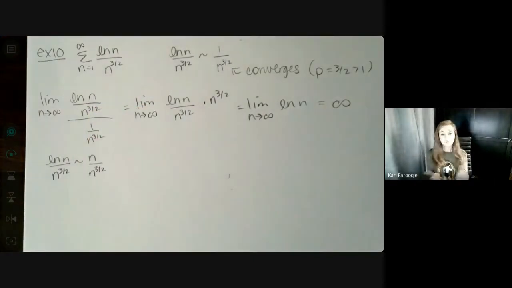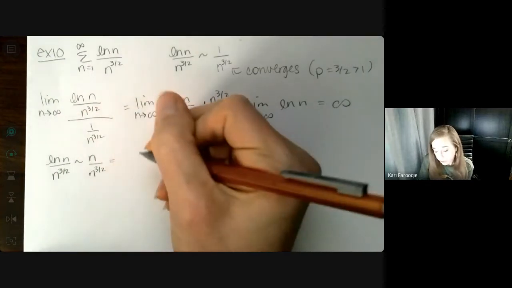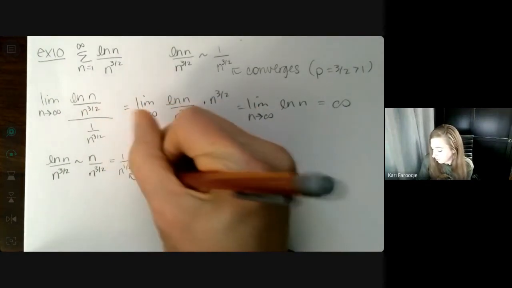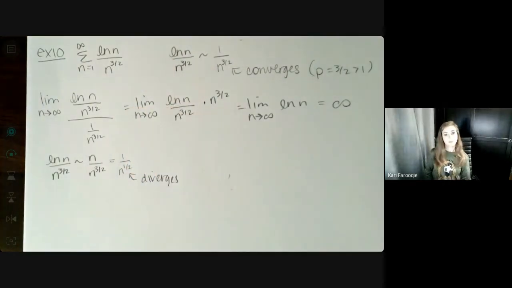And sometimes with these natural logs, you're just going to be doing some guesswork. Now, n divided by n to the 3/2 is 1 over n to the 1/2. This series diverges. Interesting.